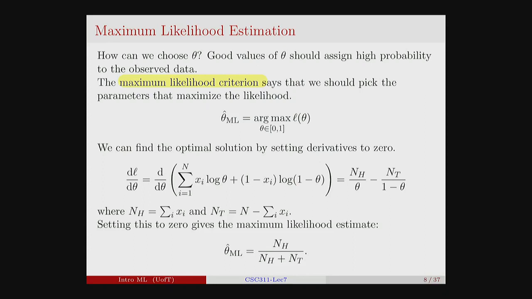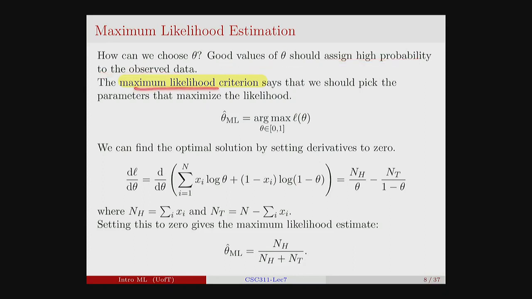Just like in supervised learning, we tried to learn our parameters so that the prediction matched the target. We're trying to learn the parameters of this model, this Bernoulli random variable, so that the log likelihood of the data under the model is as high as possible. So good values of theta should assign high probabilities to the observed data.